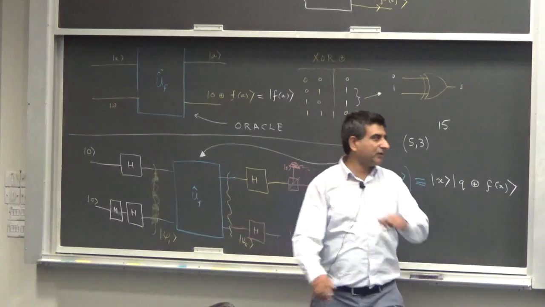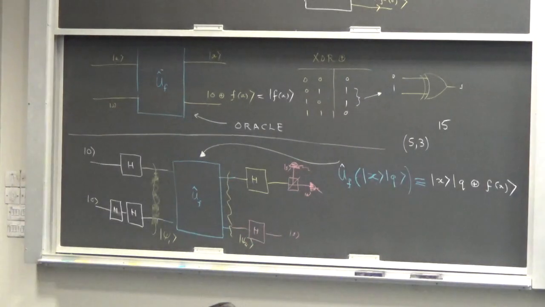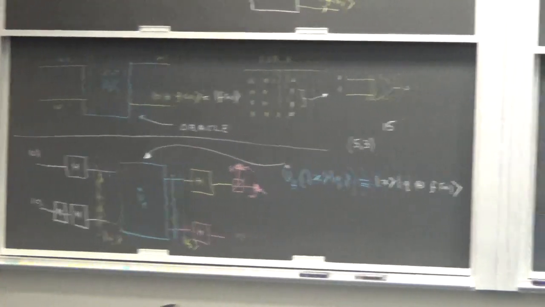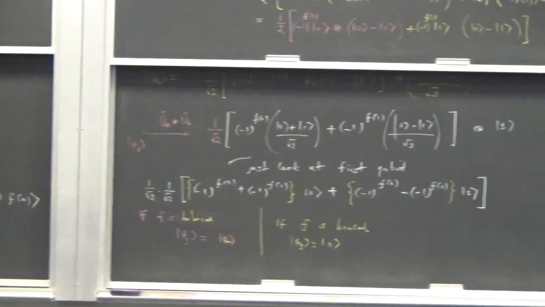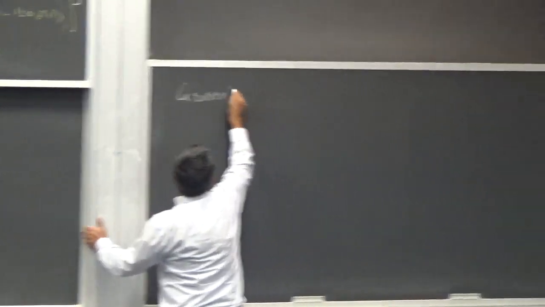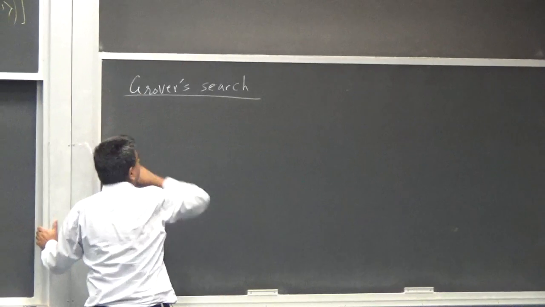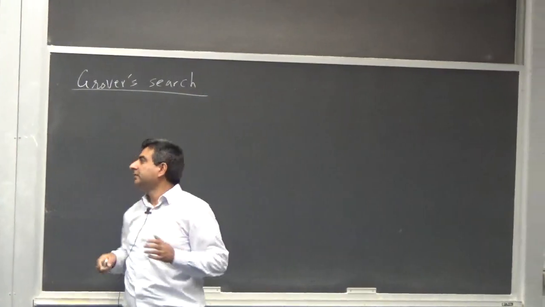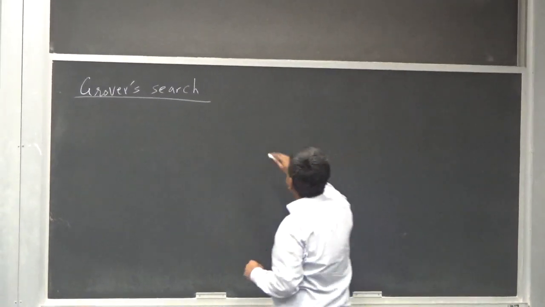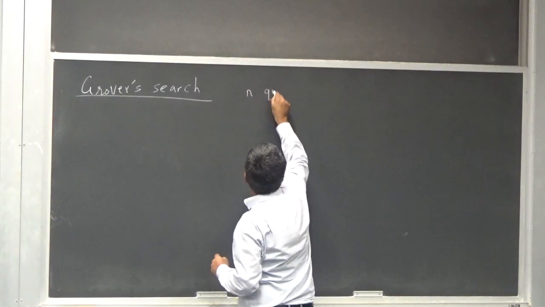Right? So let me give you another example, a more sophisticated example, and that is of Grover's search. Now suppose you have n qubits.